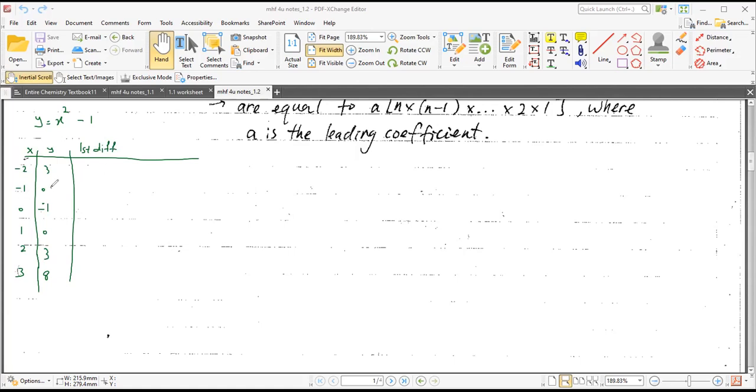So 0 minus 3, right? 0 minus 3 is -3. -1 minus 0 is -1. 0 minus -1 is +1. 3 minus 0 is 3. 8 minus 3 is 5. As you see, we get a different bunch of numbers.